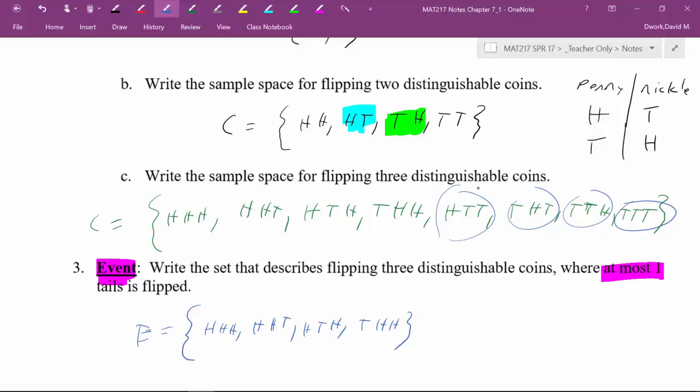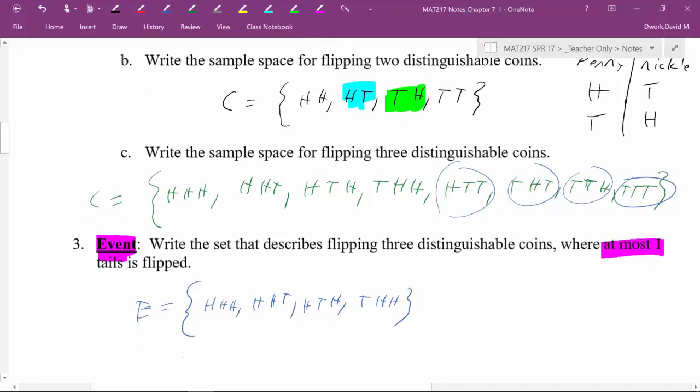Does this seem familiar? Think back to chapter 6. If you were going to talk about this from chapter 6, what would you call this? You would call this a subset, because all of these elements are contained in the sample space. So, what is an event? It's just a subset. There's nothing new there. So subsets are events.